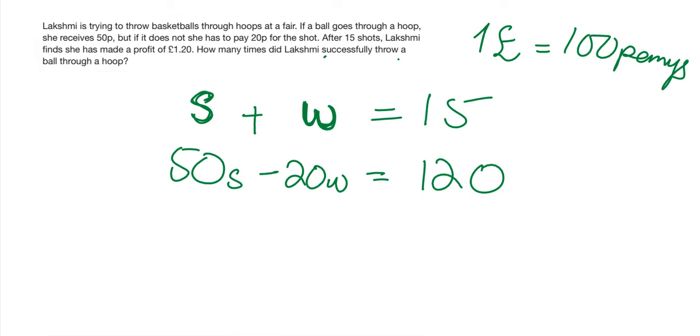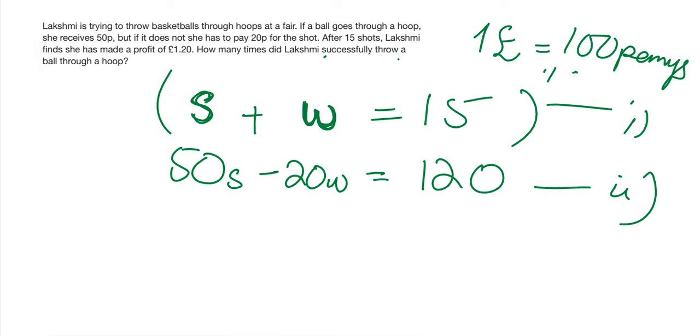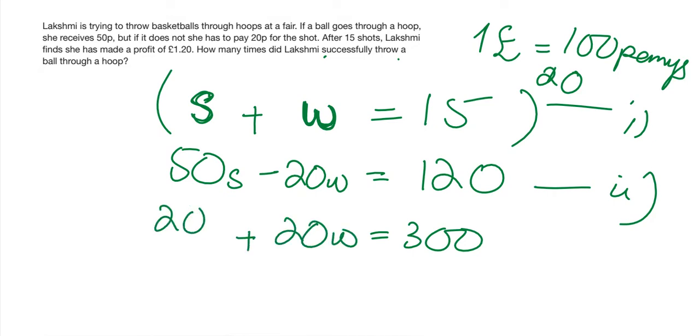So what we need to do is multiply the first equation by 20, because we need to cancel out the w variable. That equation will convert into 300 = 20s + 20w, and now you can see that we can easily cancel out the w variable.